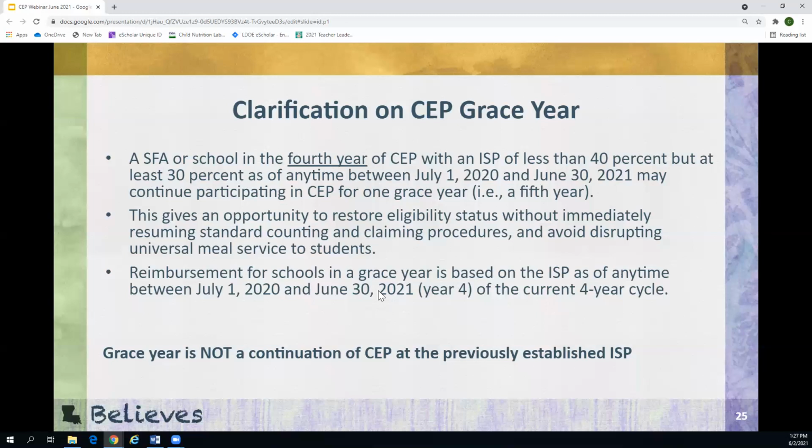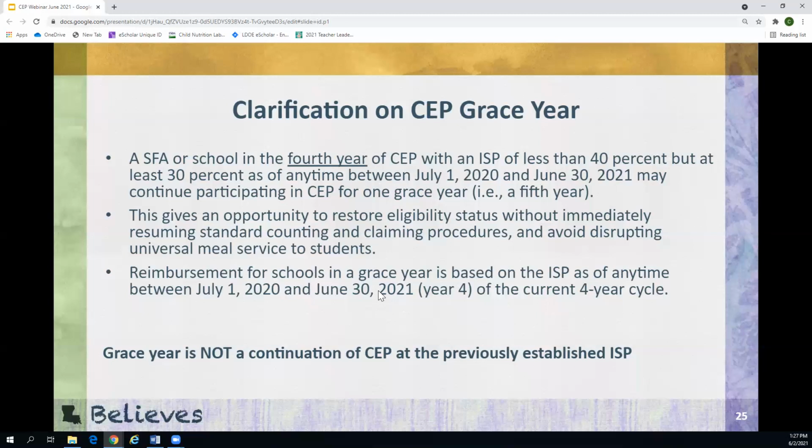So when we talk about opting out of CEP on the previous slide and the clarification of the grace year, we have a lot of schools that probably fit into one of these 2 criteria. The reason is that this school year 2021 that we are finishing up is a lot of schools' 4th year of CEP, and that initial CEP election was done right after the flood of 2016.